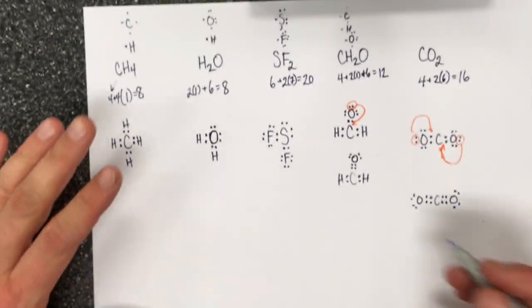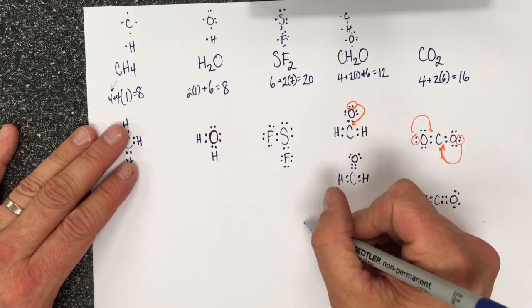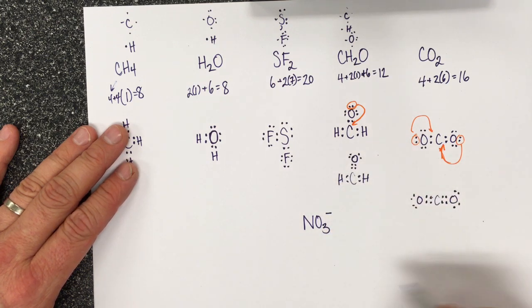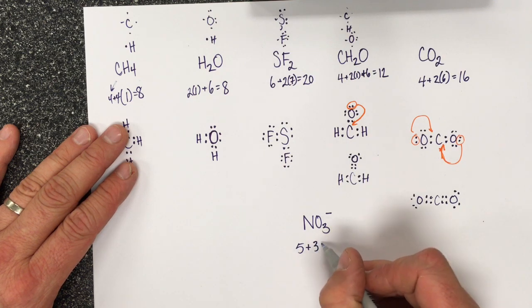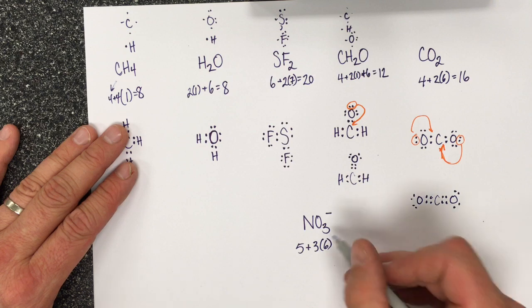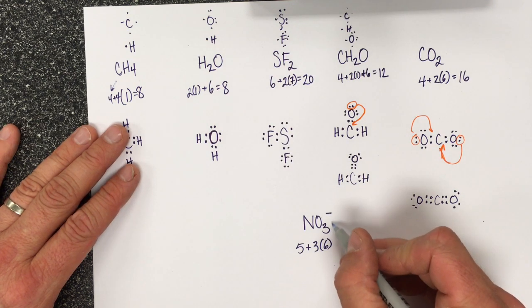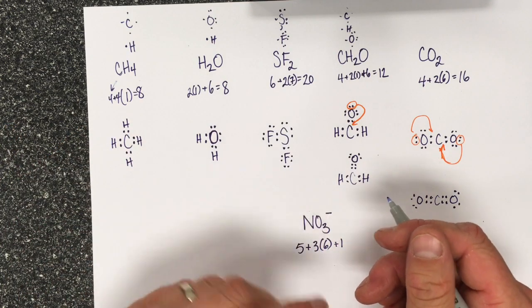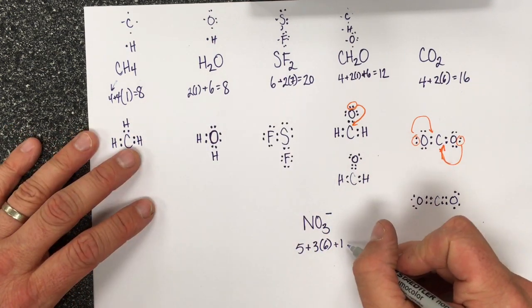The last one that I'll show you is nitrate ion. Nitrate ion has 5 electrons for nitrogen plus 3 times 6 electrons for oxygens, but it also has 1 extra negative, so plus 1. If this was a positive number, we would lose an electron.